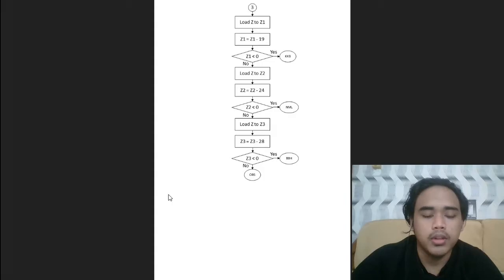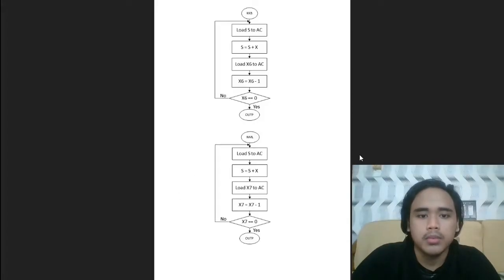If not, the value of Z will be tested again and located to Z3, and Z3 will be minus 28. If Z3 is less than 0, it will go to the loop of BBH, which is overweight. If not, it will go to the loop of OBS, which is obese.